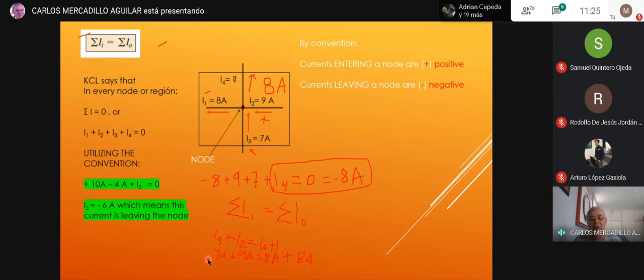Substituting the values, 7 amps plus 9 amps equals 8 amps here plus 8 amps here. So it will give us 16 on the right side, and on the left side, guess what? It's also 16. 7 and 9 is 16. So 16 equals 16. Okay.